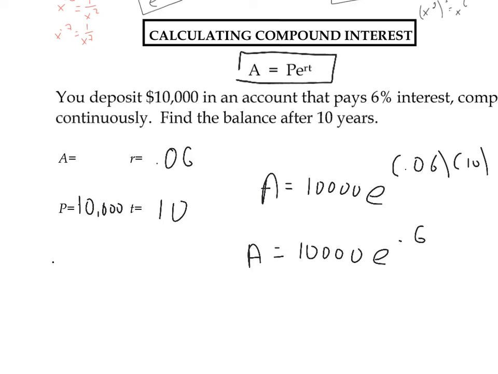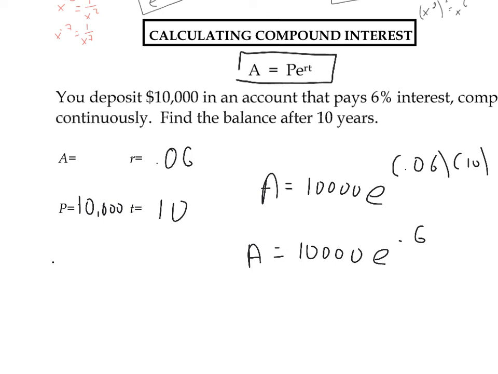But if you have a TI-83, please do 10,000 times second division sign, which is second e, second division. Do you see it in blue or yellow? Raised to 0.6.